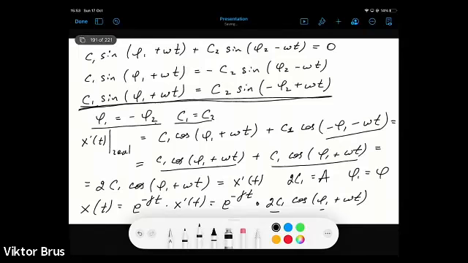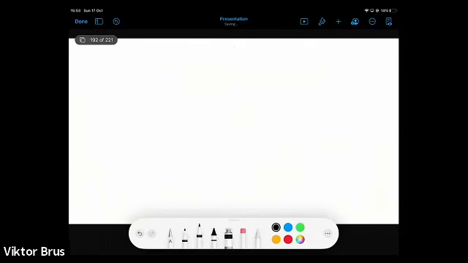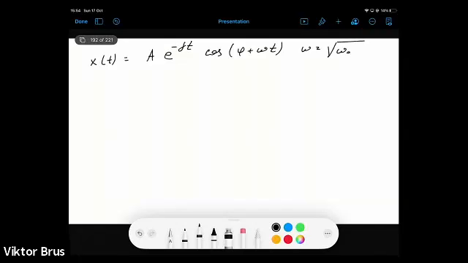And our final solution for underdamped periodic oscillation will be x as a function of t equal to A times exponent minus gamma t times cosine phi plus omega t, where we remember the substitution we made earlier: omega is equal to square root of omega naught, the intrinsic angular frequency of the spring-block system, squared minus gamma squared.